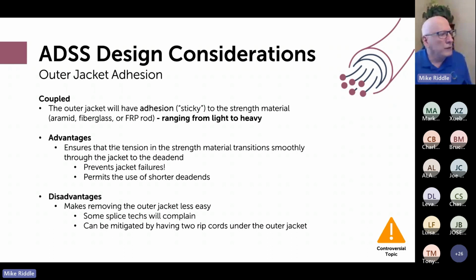And the reason for this is that it ensures that the tension in the strength material transitions smoothly through the jacket to the dead end. That's going to help prevent jacket failures, and it may also permit the use of shorter dead ends. So it gives you a margin for error too with dead ends, all else being equal.